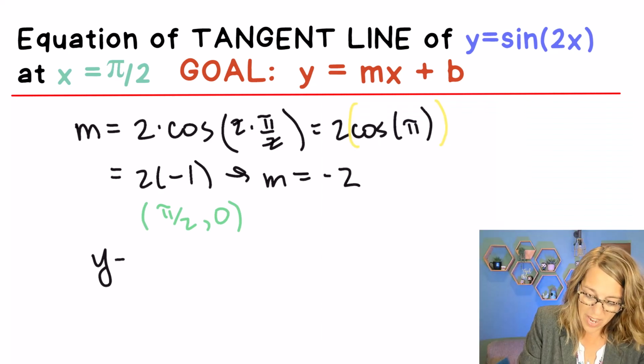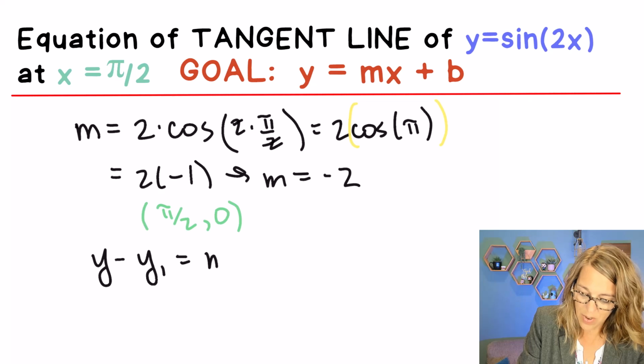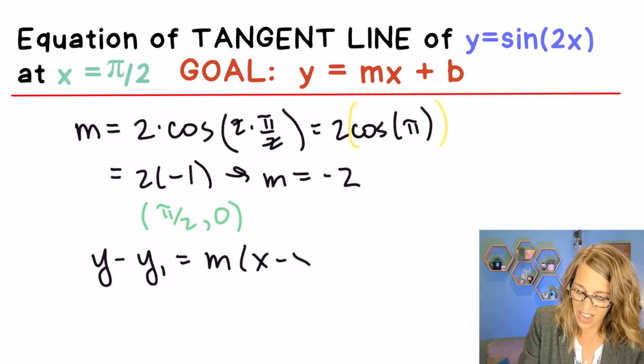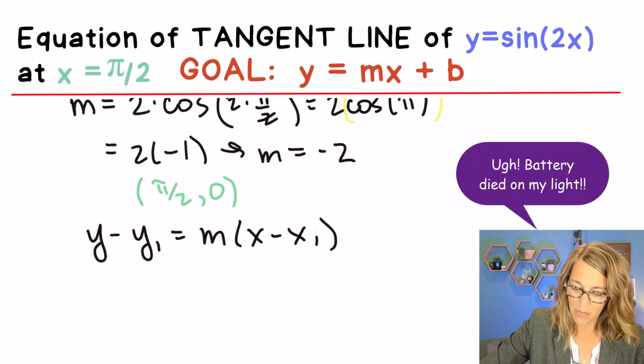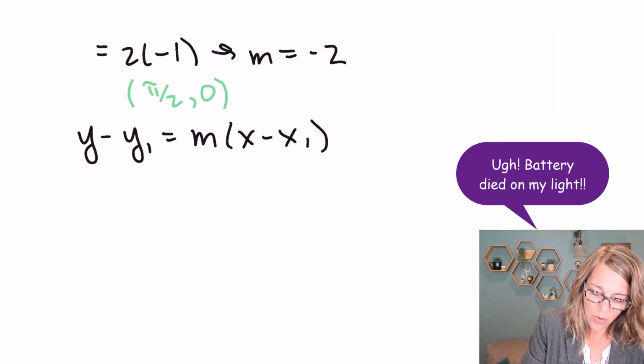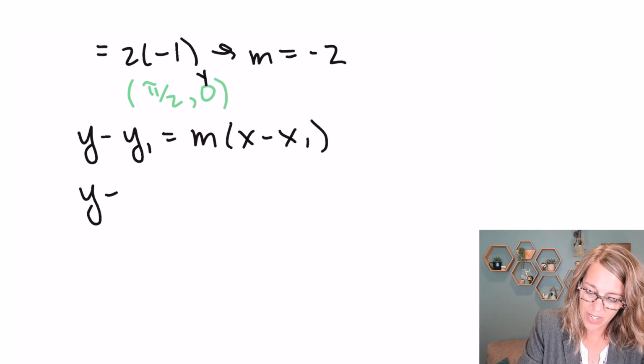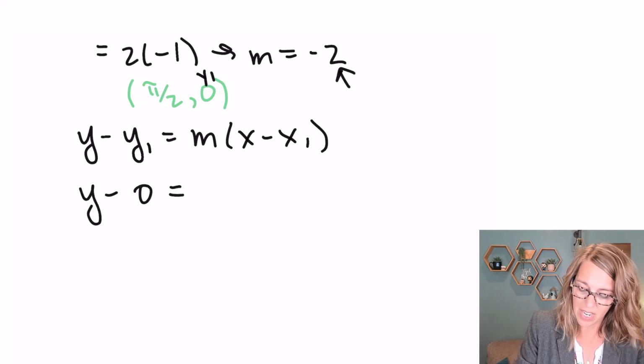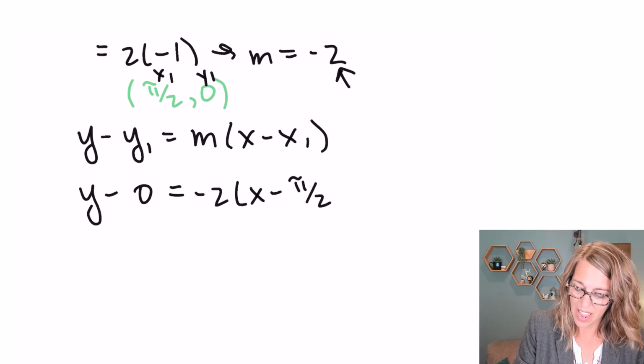Slope-intercept form. Y minus y1 is equal to m times x minus x1. I need even more room. Make sure I've got my slope and point there. So y minus y1, that's that guy, so that's a 0, is equal to m. M is -2. X minus x1, which is pi halves.